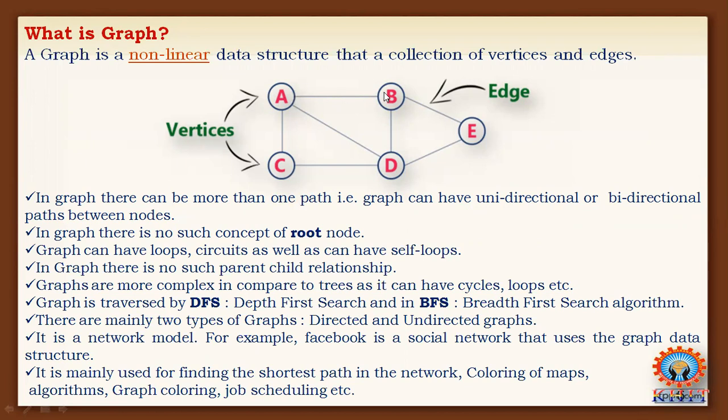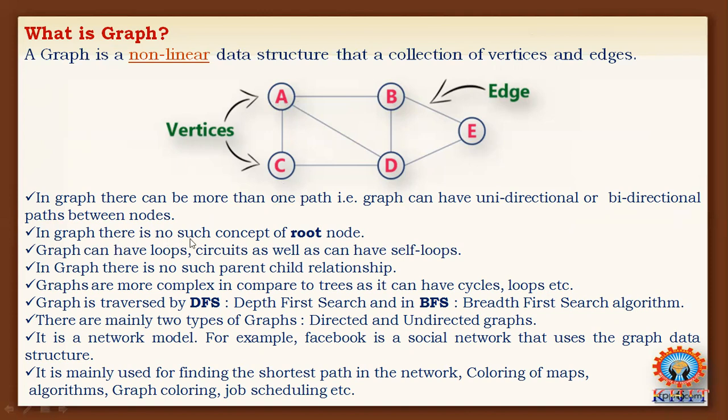Here, A to B and B to A. You can move from A to B and you can come back from B to A. That means there is no direction specified here, so it can be considered as bidirectional. Why? Because we can move simply from A to B or come back from B to A. There are no arrow marks specified. So a bidirectional path between two nodes is possible in a graph.